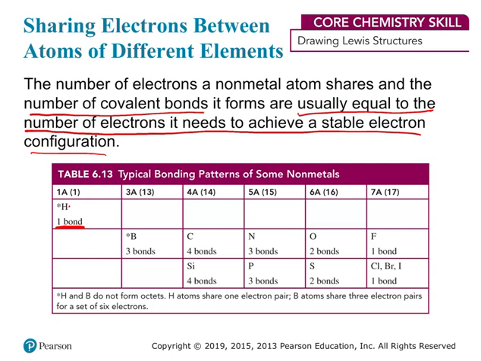Boron is another exception, so it has a little asterisk next to it. Boron, remember, is in group 3A, so it has 3 valence electrons. So it can form 3 bonds because it has 3 unpaired electrons.